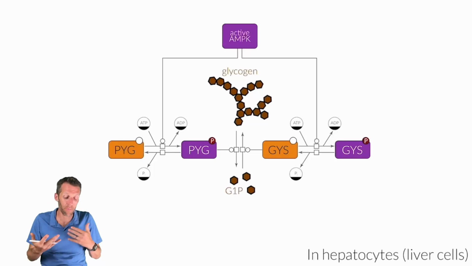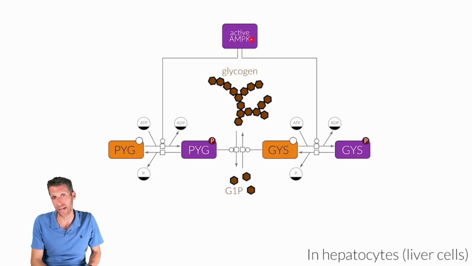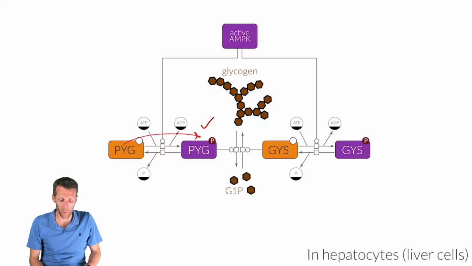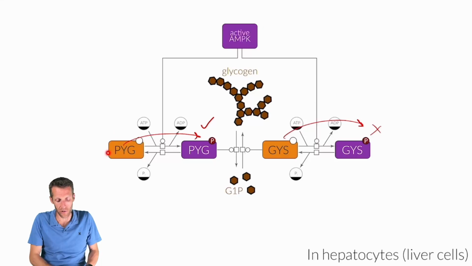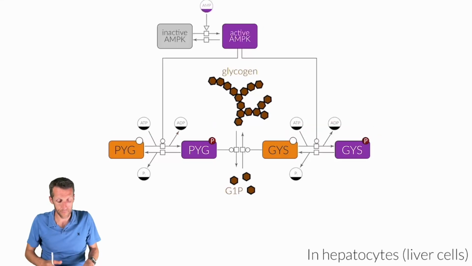All right, cool. How is this done? Well, it turns out that both of these enzymes are phosphorylated by the same enzyme called AMPK. And what AMPK does is it phosphorylates PYG, tipping it into the active form, and it phosphorylates GYS, turning it into the inactive form. So this is coordinated regulation, right? With one enzyme, if this enzyme is on, it's going to turn this on and turn this off.